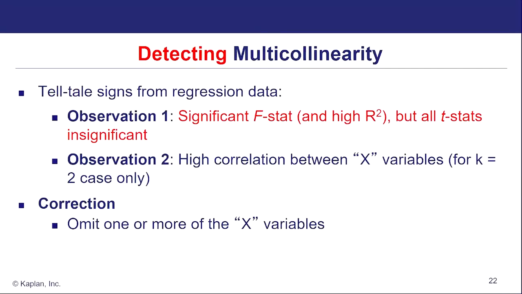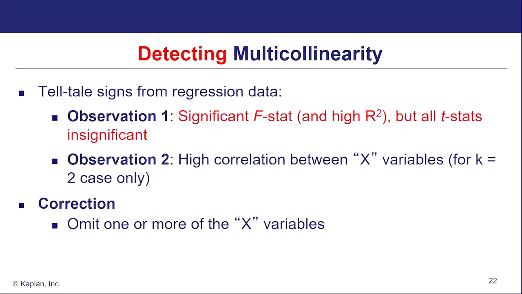Now, detection of multicollinearity, one way is where you look at an overall model and it has a good F statistic, meaning the model is working collectively, but individual slope coefficients are not statistically significant. Well, that tells you that they are sharing the credit.